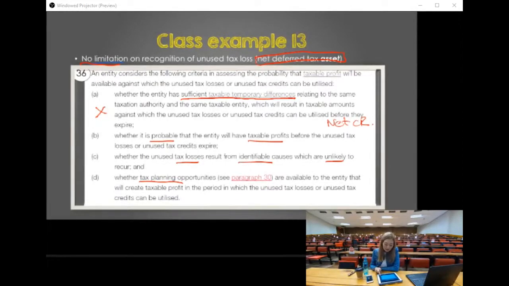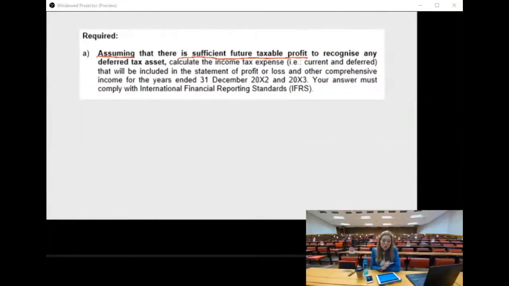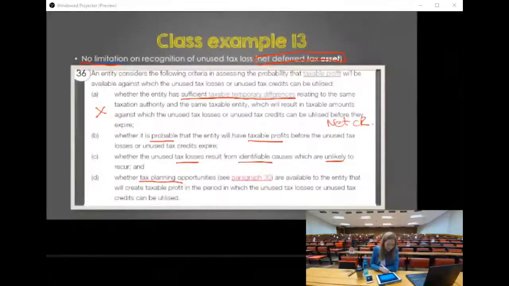So let's see. In class example 13, they tell us in the required section, in part A, assuming that there is sufficient future taxable profit to recognize a deferred tax asset. Then they ask us to calculate the tax expense and the notes and all of that. So can you see that this information that they give us in the question, that there will be sufficient future taxable profits, tells us, okay, so we meet this requirement.